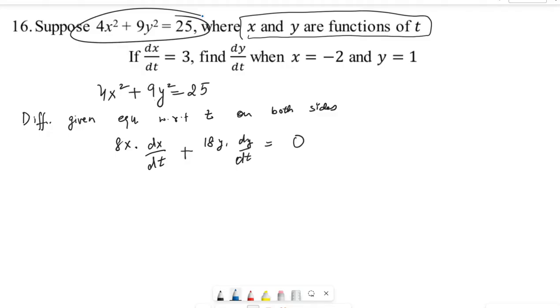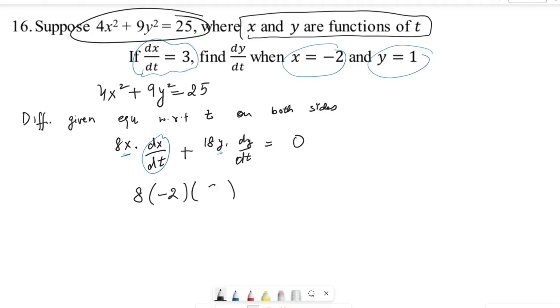Now you guys notice we are given with some facts. Dx by dt is 3, this one. X is negative 2, this one. Y is 1 here. So we're going to put all the values here. 8, x is given as negative 2, dx by dt is given as 3, plus 18, y is given as 1, dy by dt is not given, equal to 0.